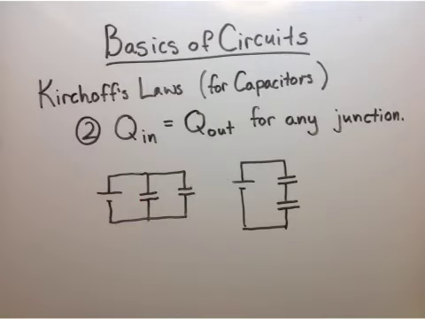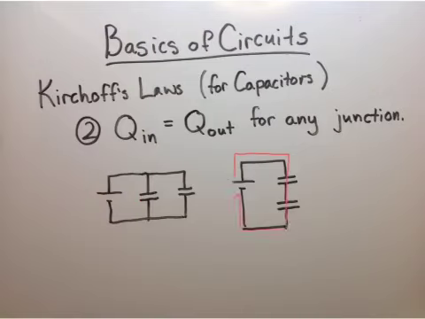On the other hand, when you have 2 series capacitors, you get something that seems a little bit confusing, which goes like this. If you've got some total amount of charge coming out of the battery, it accumulates on this capacitor and also on this capacitor.